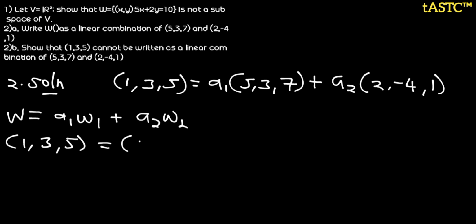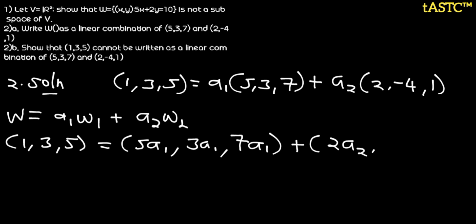So that is going to be 5A1, 3A1, and 7A1. So this is plus 2A2, minus 4A2, and we're going to have A2. That is A2 multiplied by 1, which is still going to give you an A2. Now next up, we need to add this whole thing.